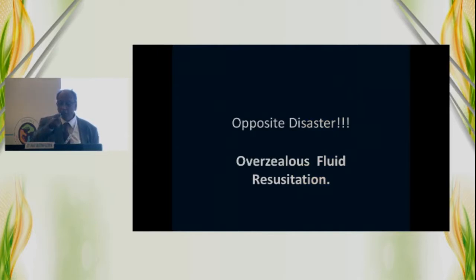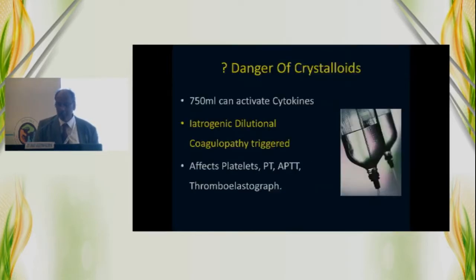You also have the opposite disaster, and that is overzealous fluid resuscitation. Remember, even 750 milliliters of crystalloids can activate cytokines, and if you give them too much IV fluid, you can lead to an iatrogenic dilutional coagulopathy, which then leads to further problems along the way.